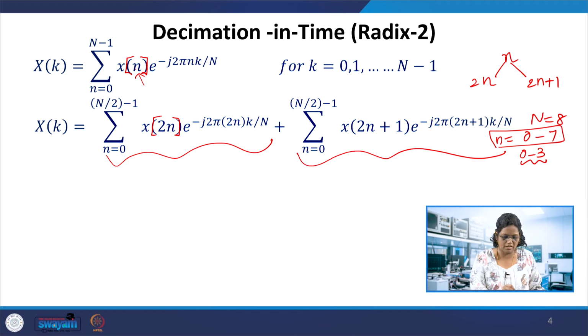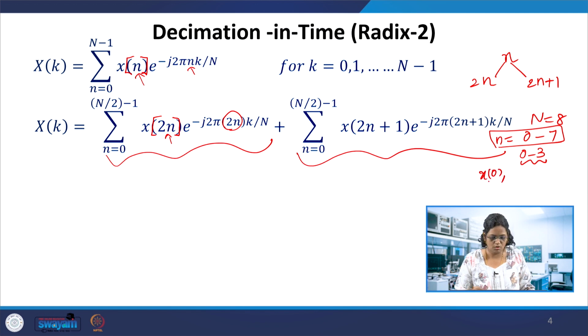In this equation we make it 2n: e power minus j 2 pi k (2n) by N, and n equal to 0 to N by 2 minus 1, that is one summation, because n is varying from 0 to 3. If n is 0, this is x of 0.